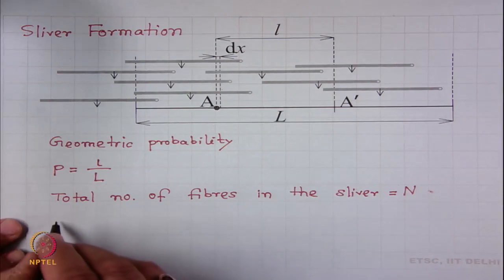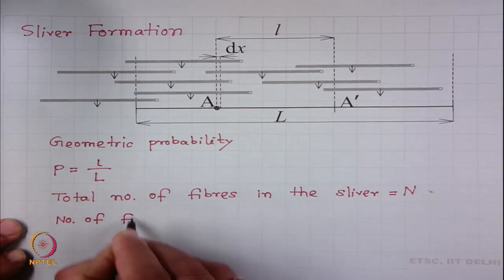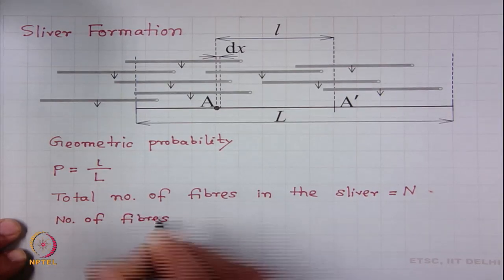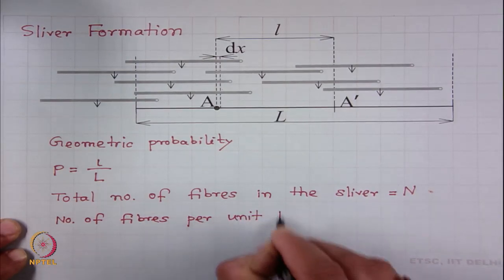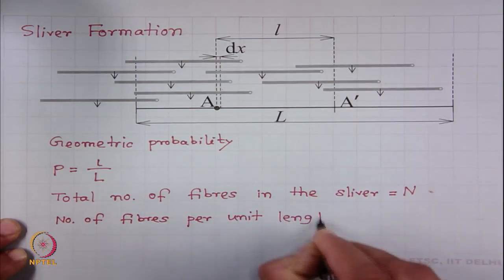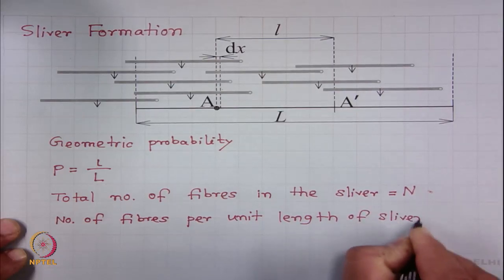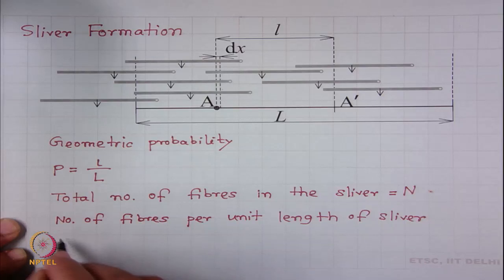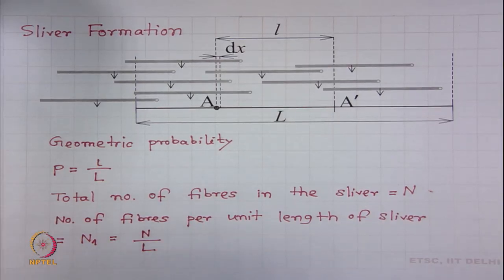So, the number of fibers per unit length of sliver is equal to, say, small n 1, that is equal to capital N by capital L, right.